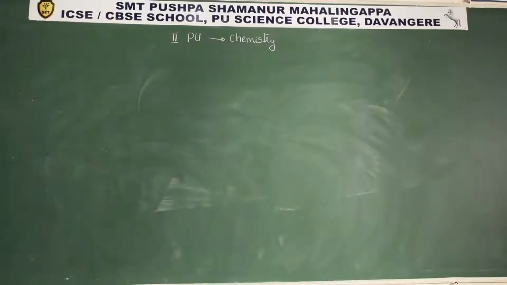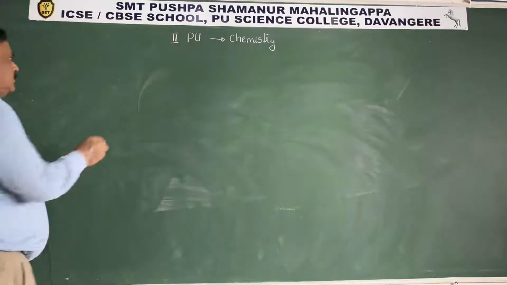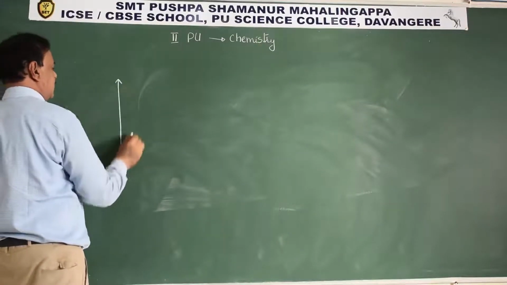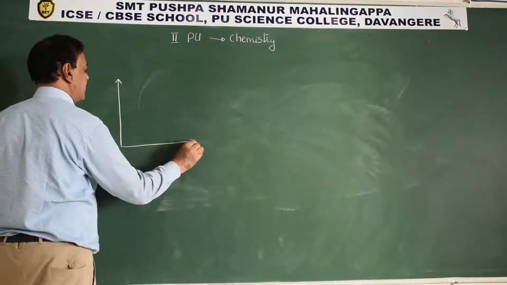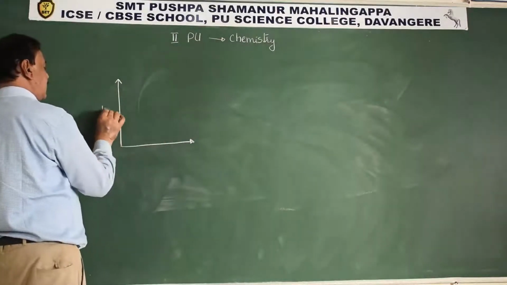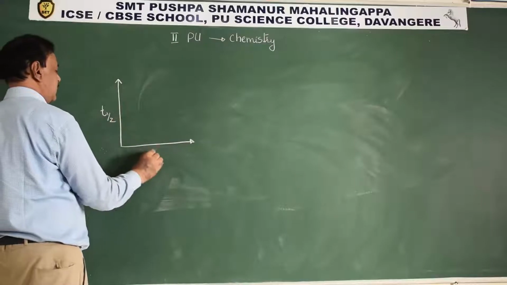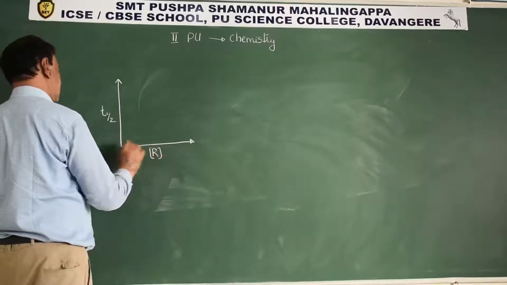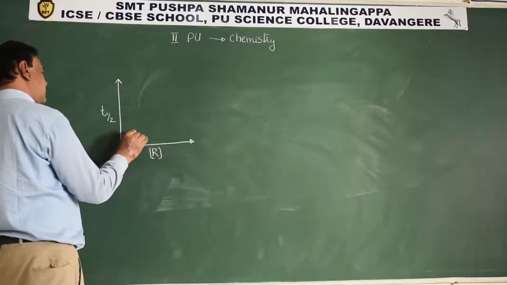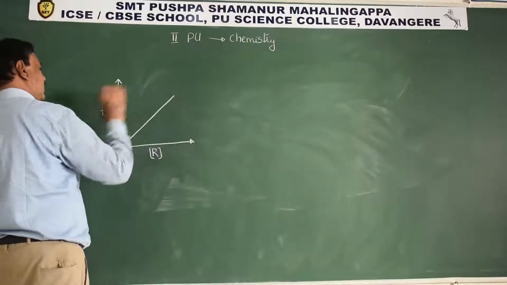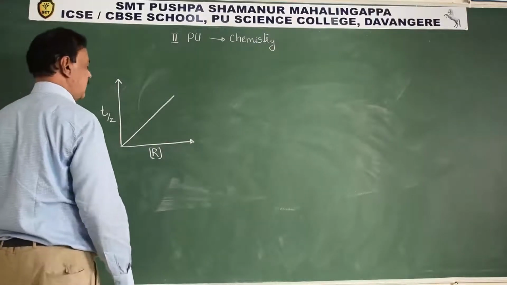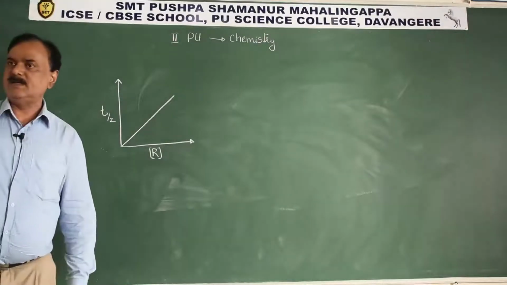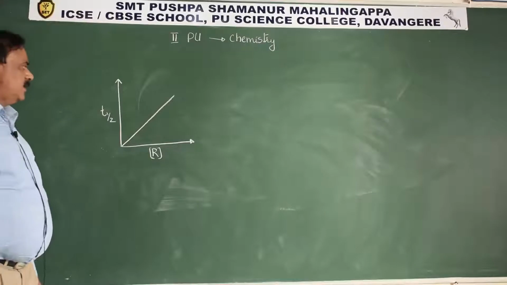This is the T half of the zero order chemical reaction, and this is the initial concentration. Then you know that it is found to be a straight line. Then it seems that it is a zero order chemical reaction.